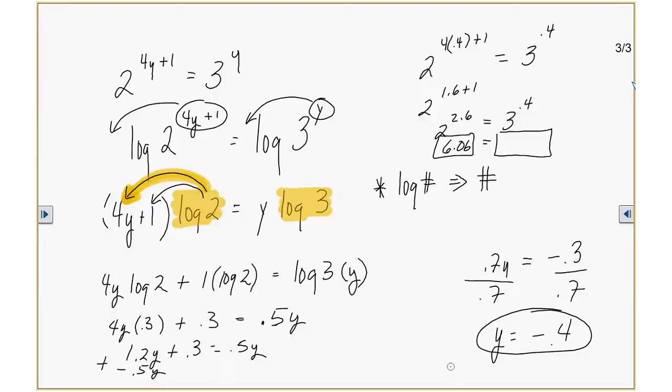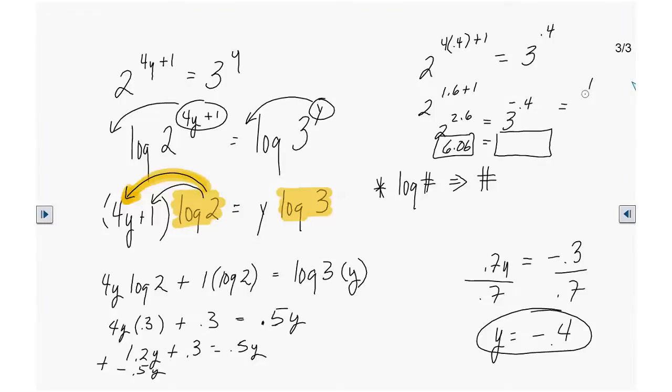Something's wrong, man. It's supposed to be equal. 3 to the 0.4. No, negative 0.4. Thank you. 3 to the negative 0.4, which would be 1 over 3 to the 0.4.